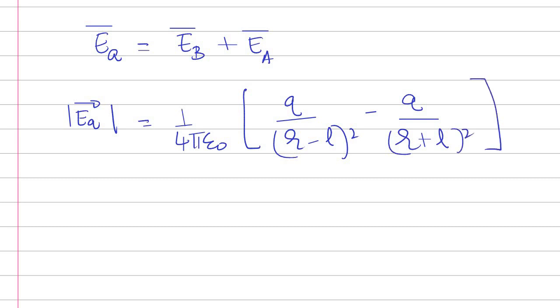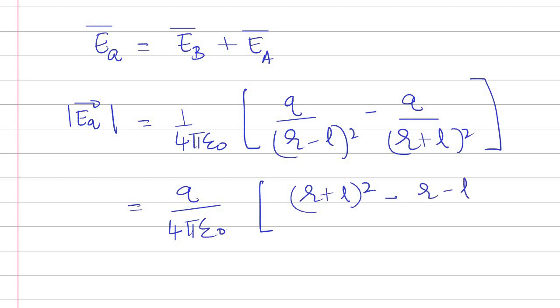In fact, I'll take the Q outside. Q by 4 pi epsilon 0, and if I do the LCM, I'll get R plus L the whole square minus R minus L the whole square upon R square minus L square the whole square. Because it is R plus L into R minus L, which is R square minus L square, but then this whole thing is squared.